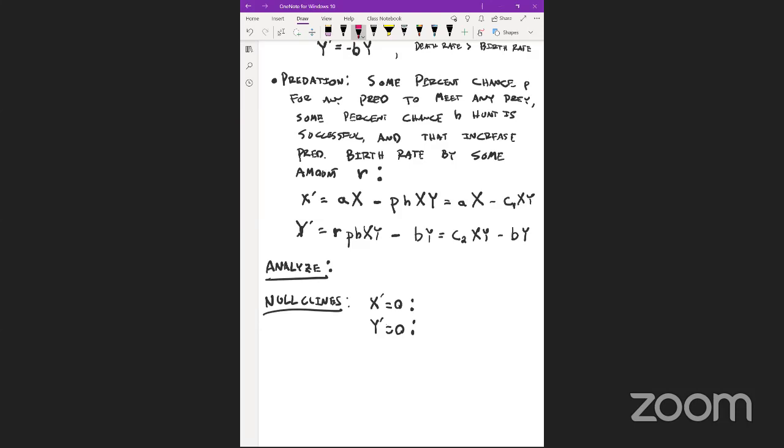You need to say a little bit more about what exactly each of those things is. Exactly, right? So we're going to have y equals a over c1 and x equals 0. And what about the y prime nullclines?